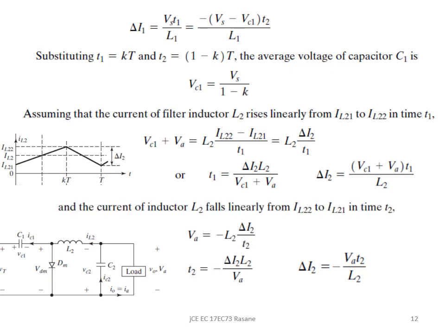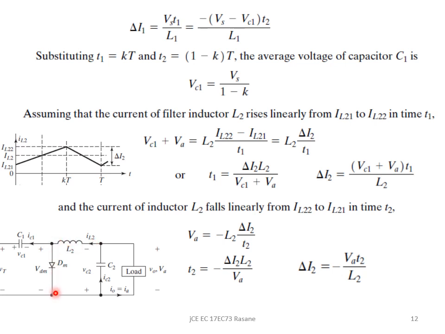And the current of the inductor L2 during T2 is going to fall from IL22 to IL21 in the time period T2. During that time this is going to be on, so this point is 0 voltage across the inductor L2.